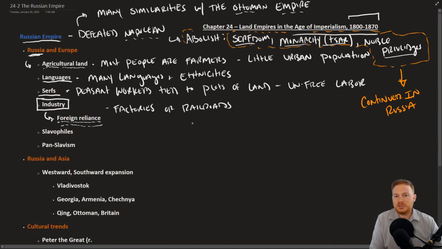So this influence of Western Europe had two different effects on Russia and the Russian elites. Again, most of them still belonging to this noble class. Slavophiles embraced Russian tradition. So these would have been the people that said all these changes being brought about in Western Europe are a bad idea.